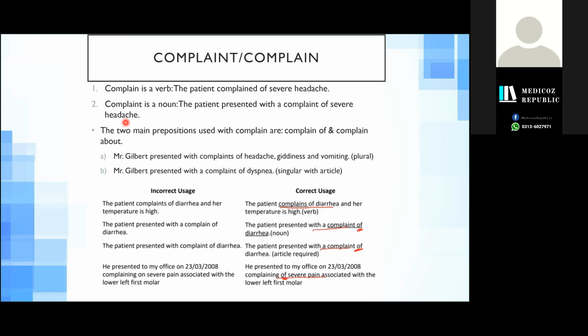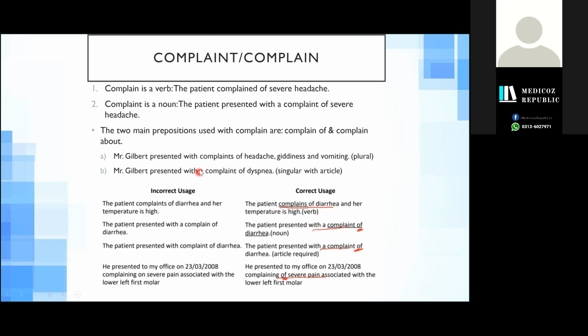For example, Mr. Gilbert presented with complaints of headache, giddiness, and vomiting. And when we are talking about a singular complaint, Mr. Gilbert presented with a complaint of dyspnea. When we are talking about a singular noun, complaint of dyspnea, we are using the article a.